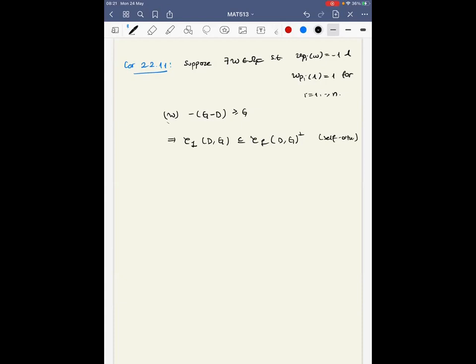And in case we have equality here, this code is self-dual.